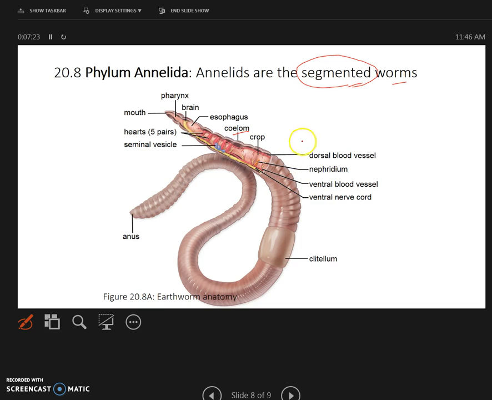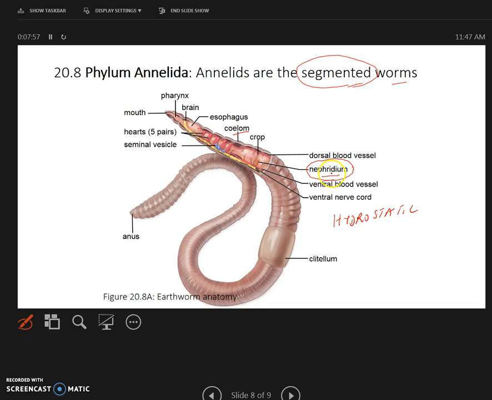They have a hydrostatic skeleton. Here they use water pressure as a skeleton for the body not to collapse and to remain firm. They have a nephridium. If you take higher classes of anatomy and physiology, you will see that kidneys are made up of units, and these filtering units are nephrons.